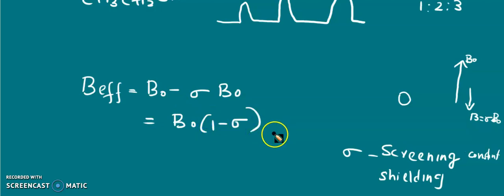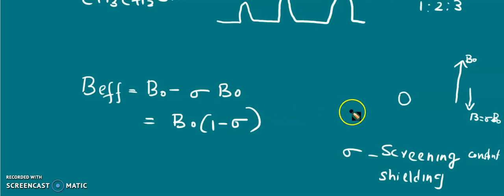Due to the shielding of the electrons around the nucleus, the effective magnetic field decreases. 1 minus sigma is a quantity less than 1, and when we multiply it by B0, it is less than B0. So the nucleus will find itself in a field which is less than the applied magnetic field.